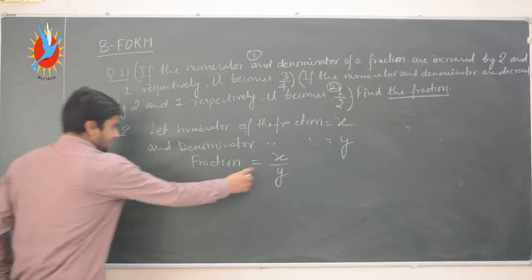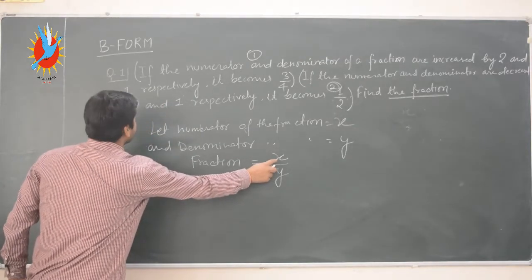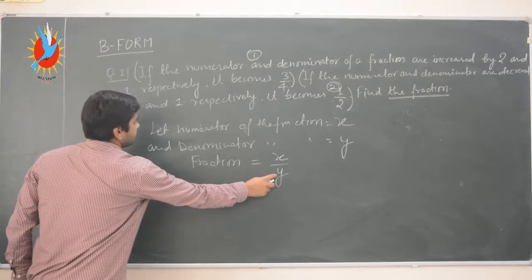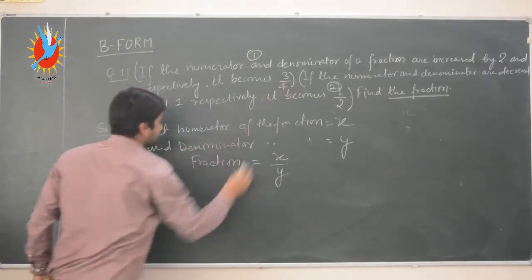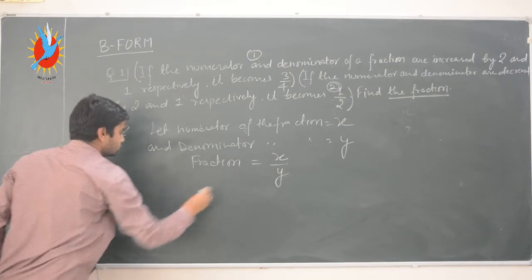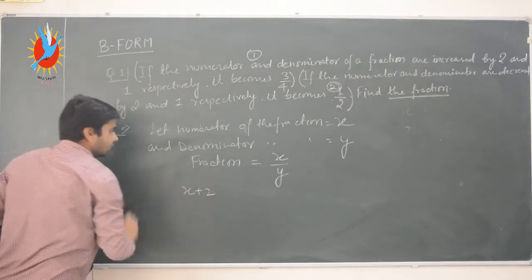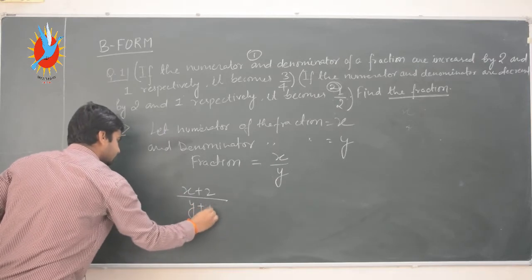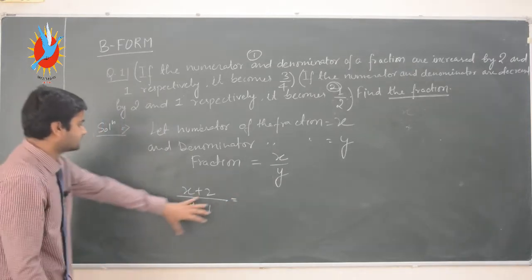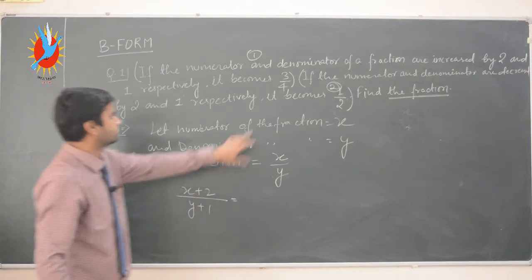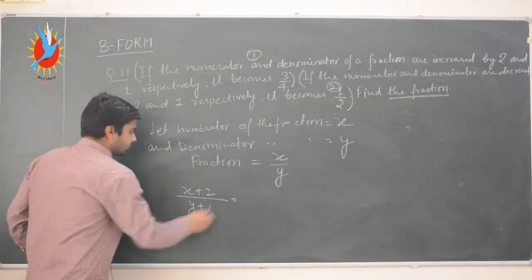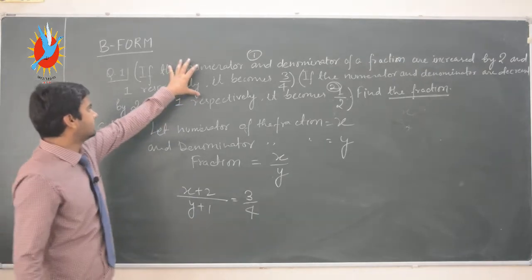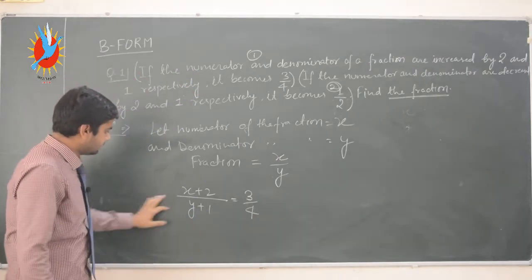Increasing the numerator by 2, it becomes x plus 2. Increasing the denominator y by 1, it becomes y plus 1, and this whole fraction becomes equal to 3 by 4. So we have translated condition 1 into an algebraic expression.